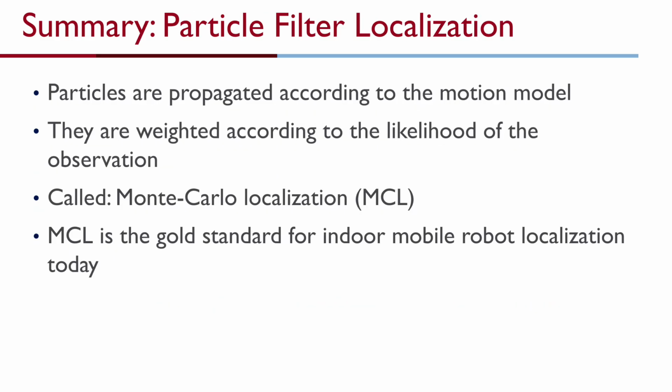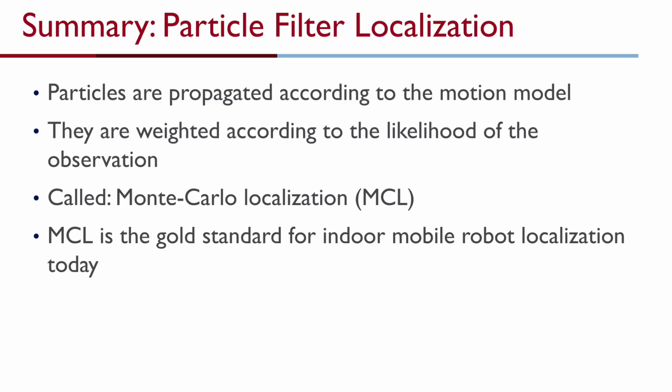Monte Carlo localization, or MCL, is a special application of particle filters for robot localization. In MCL, particles represent the robot's pose, including its X and Y position and its orientation theta. The motion model is typically used as the proposal distribution, meaning that particles are first moved according to the robot's predicted motion.